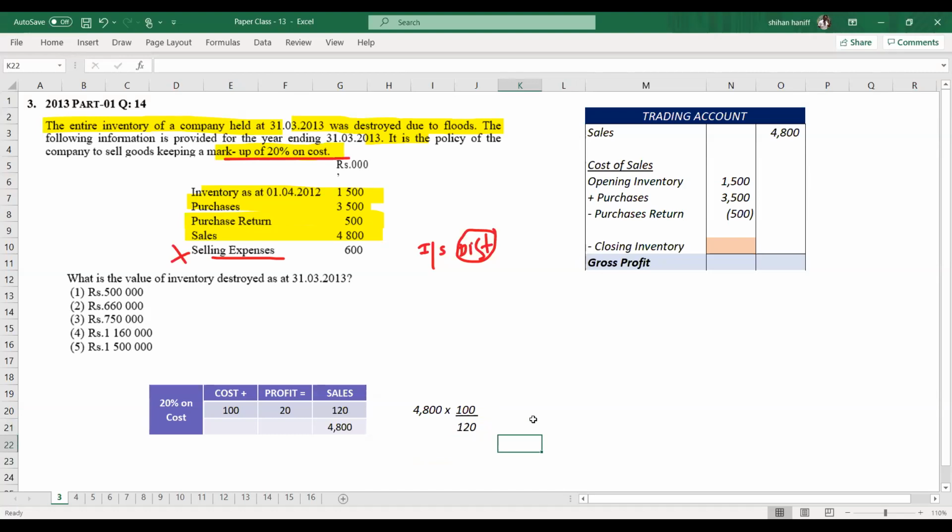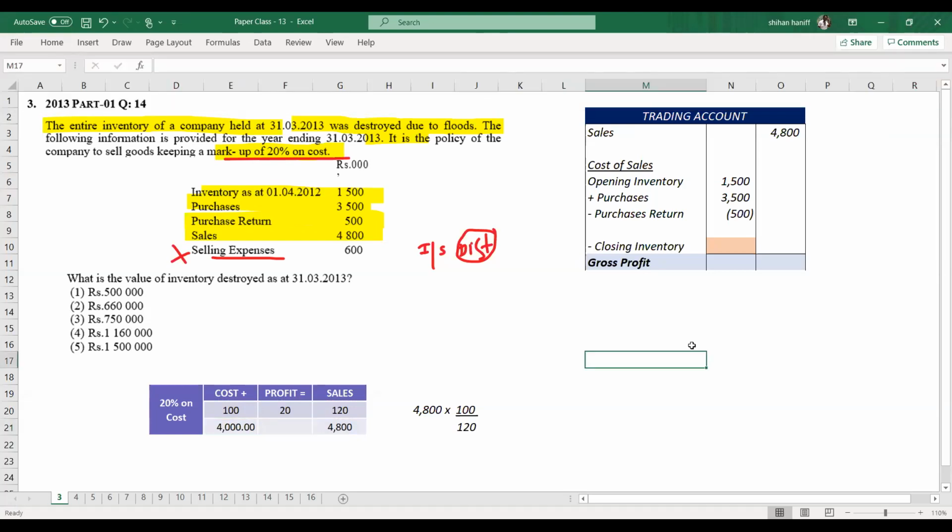4,800 is equal to 120, right? Then multiply by 100, and you will get the value of cost of sales into 100. $4,000.